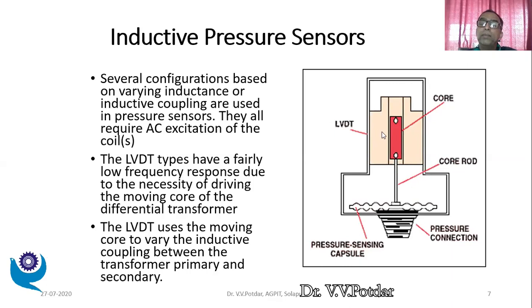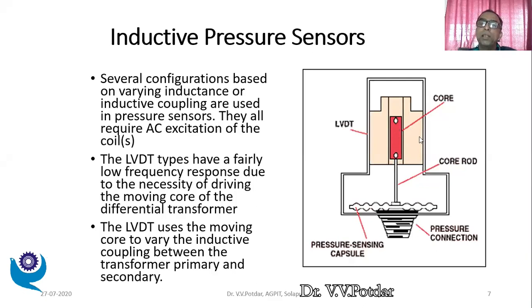And the mutual inductance principle tells us that this primary winding is supplied with AC voltage, and this core is made up of ferromagnetic material. So once the supply is given to the primary winding, the magnetic field is set up in the core, and as the core is moving up and down, because of the motion of the core, this will have mutual inductance with the secondary coils. Two secondary coils are there.